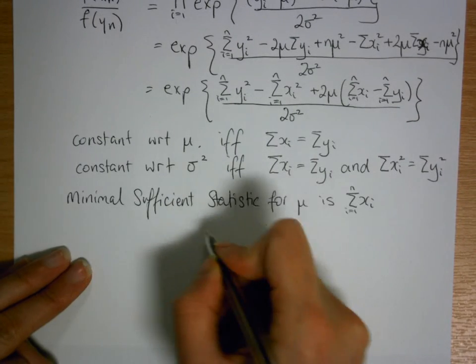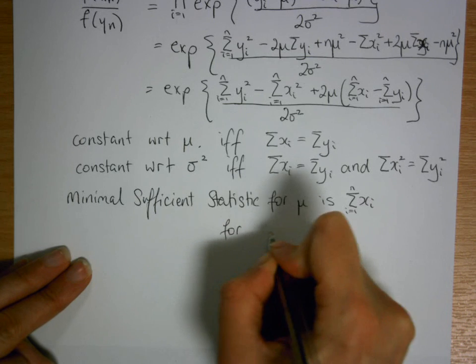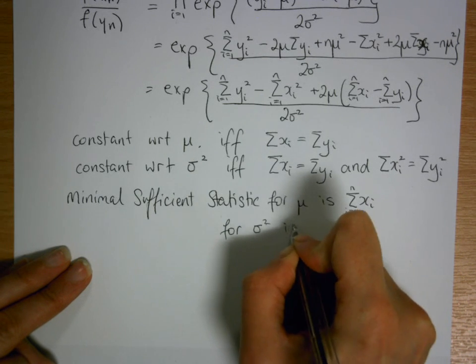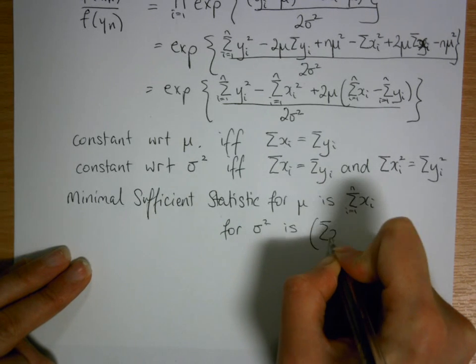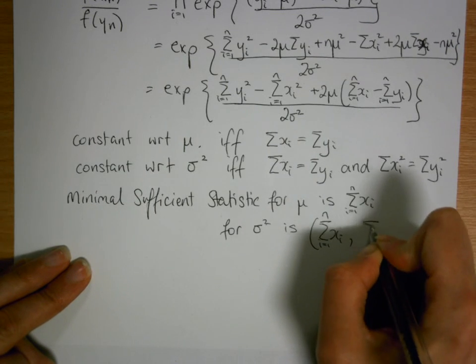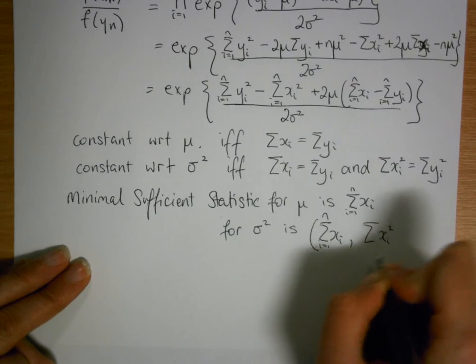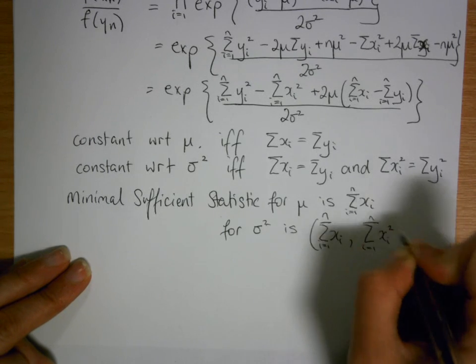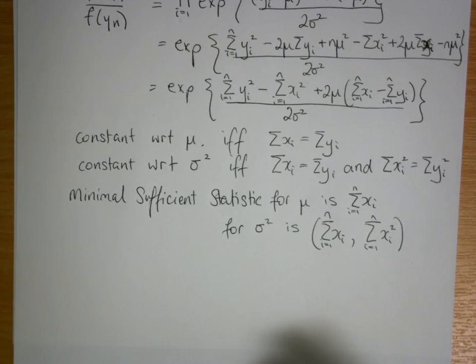And your minimal sufficient statistic for sigma squared is the sum of xi, i equals 1 to n, and the sum of xi squared. So that's how you calculate minimal sufficient statistics using the result of Fisher's factorization theorem.